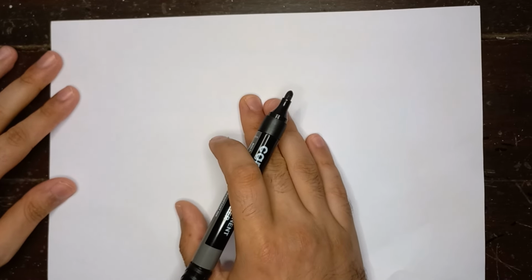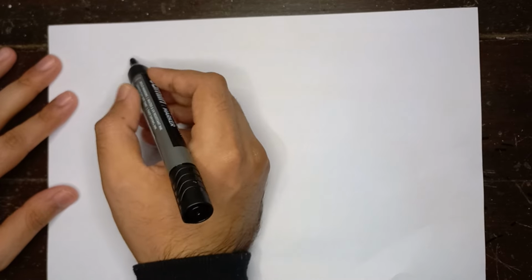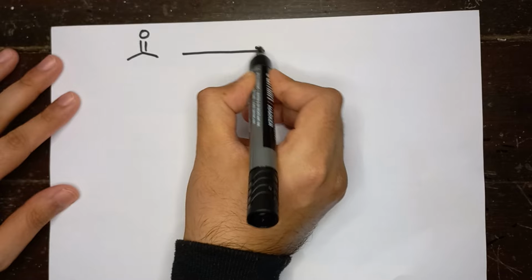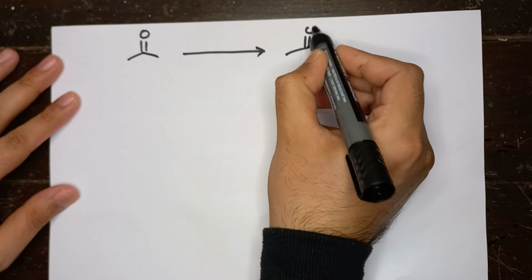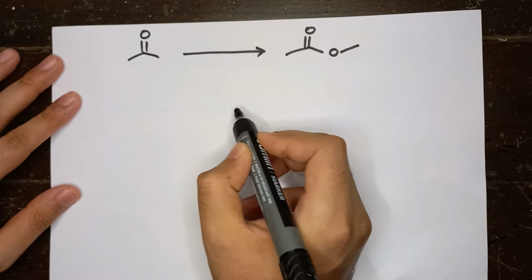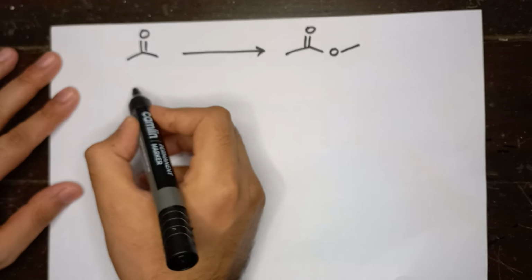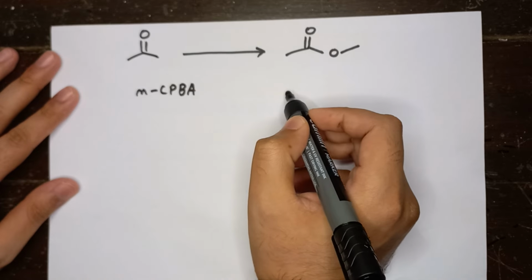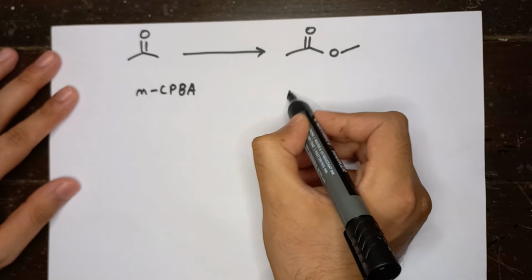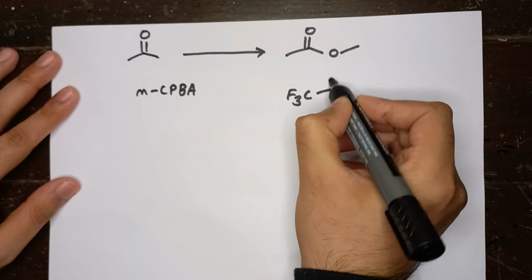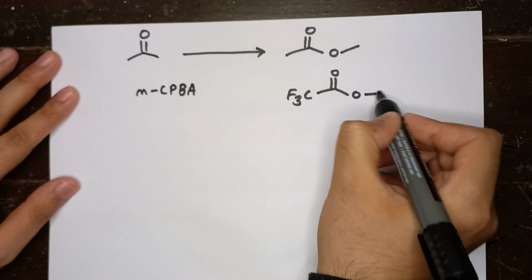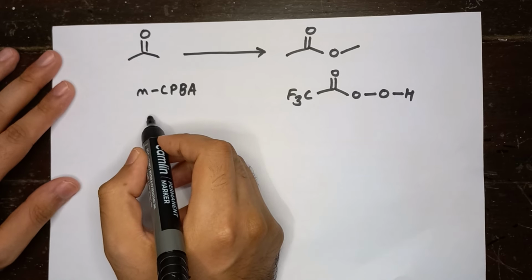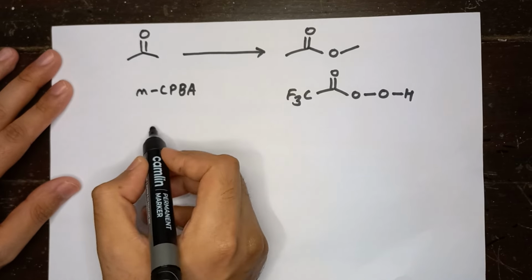Okay, let's use the m-CPBA. So I have acetone. I can convert this into an ester. I can use m-CPBA or trifluoroperoxyacetic acid. The structure of m-CPBA is called metachloroperoxybenzoic acid.